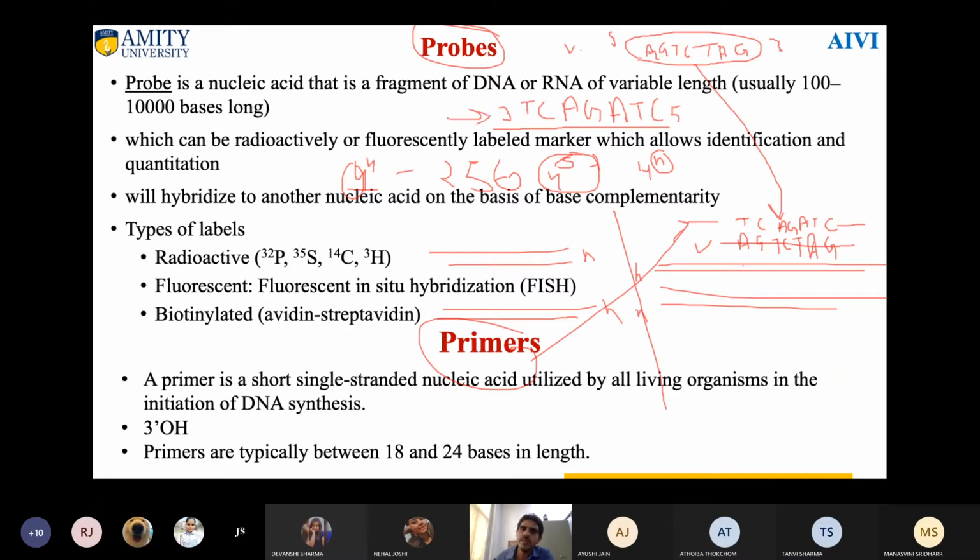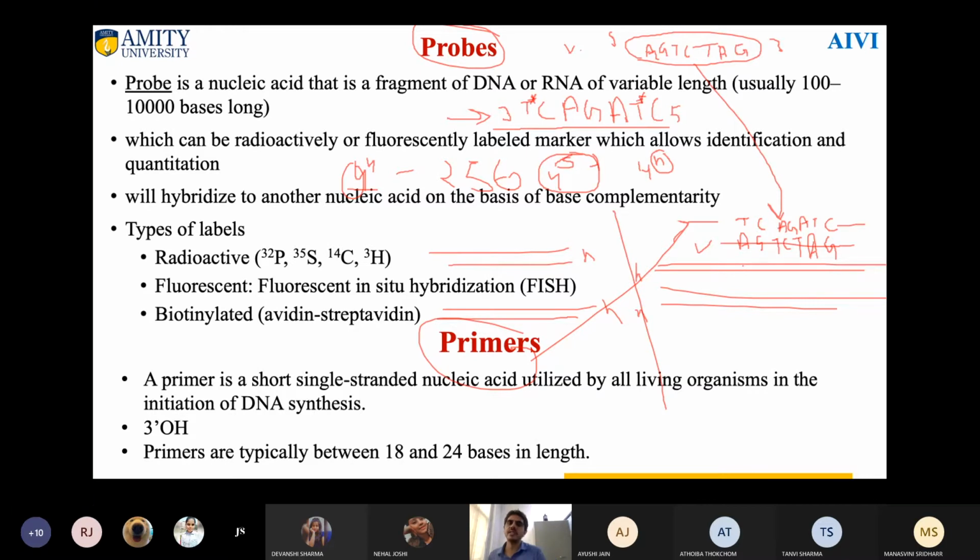If your probe is labeled with radioactivity, it means any of the nucleotides, like T, A, G, C, is exchanged with a radioactive nucleotide. Simply, if this T, thymine, is labeled, then wherever this T is, it becomes a label.